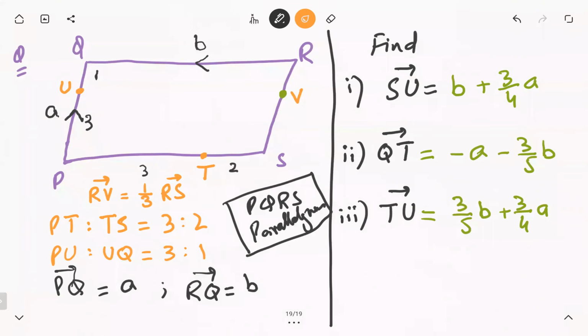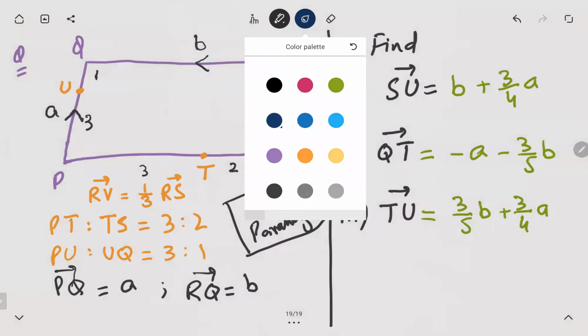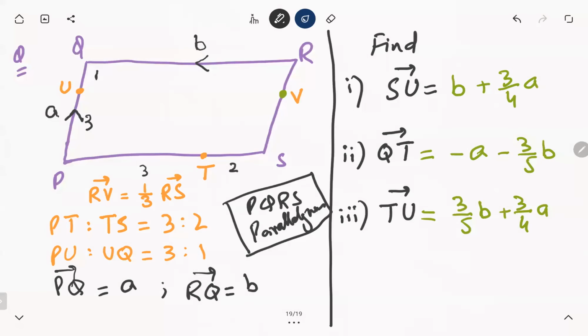रेशियो क्या बनी RV और VS में? What's the ratio between RV and VS? देखिए, RV is equal to 1 by 3 RS.